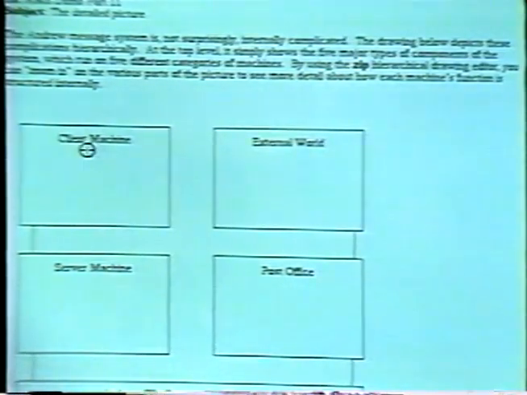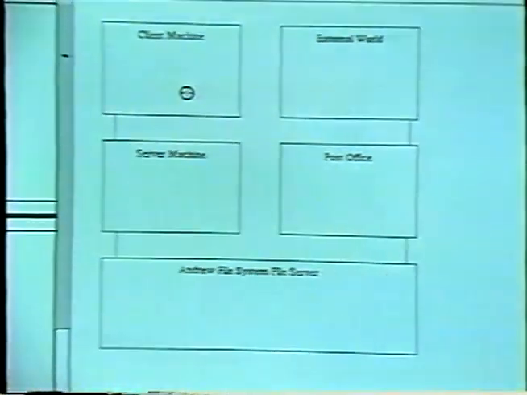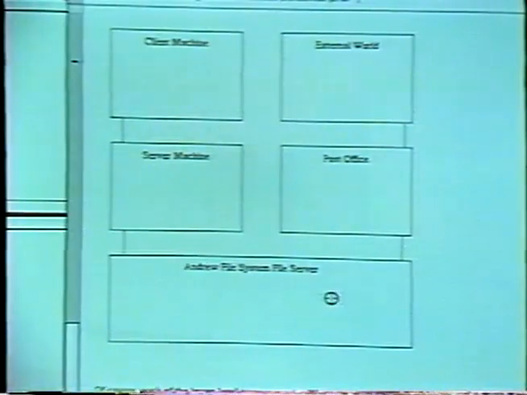Of course, the system is actually considerably more complex than such a high-level picture reveals. Here we see a drawing made with another Andrew editor, the ZIP zoom-in picture editor, which shows the structure of the system on a basis of abstract machines. We see, for example, an Andrew file system file server, where messages may be actually stored in a database, a server machine where the message server process runs, and a client machine where the user interface process runs.